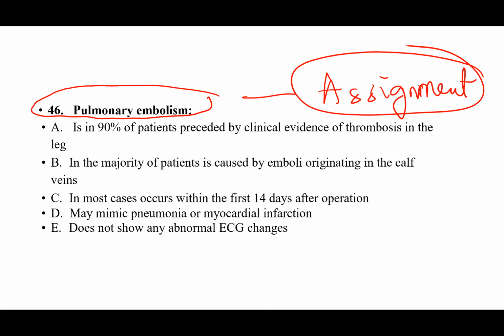See, 90% of patients are preceded by clinical evidence of thrombosis. True. I don't know the statistics. The majority of patients have evidence of thrombosis in the leg. In the majority of patients, it is caused by emboli originating from the calf. True.